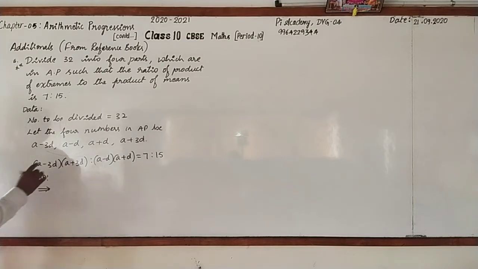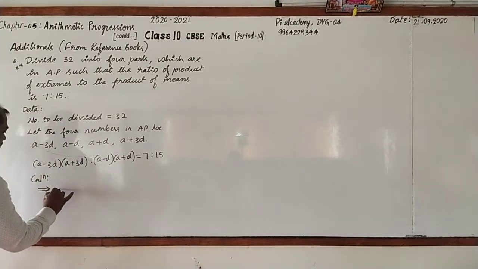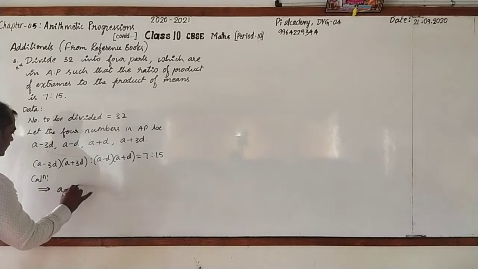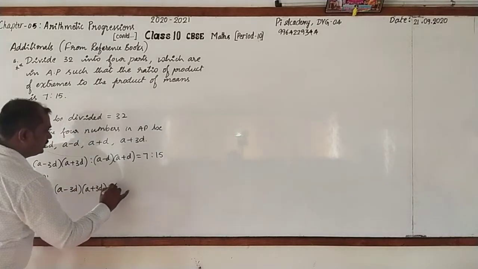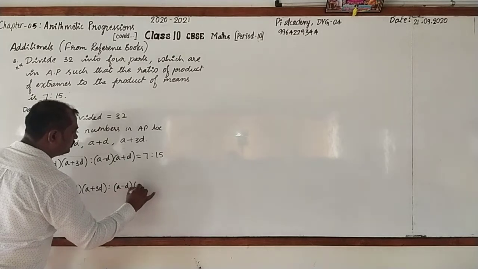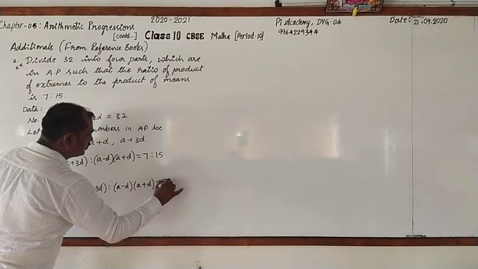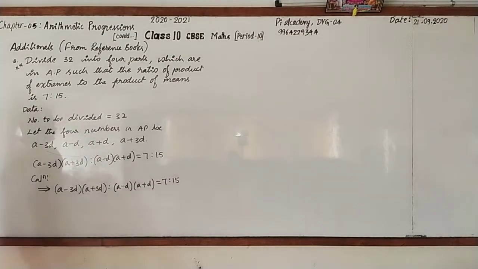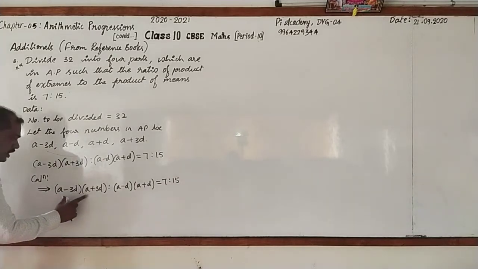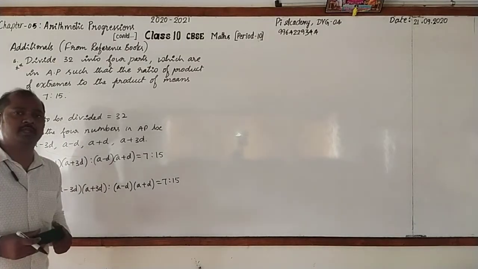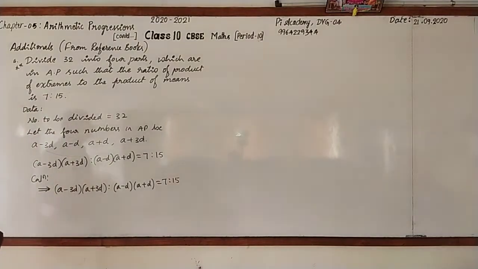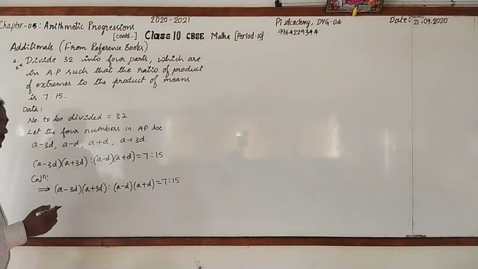I'll rewrite this statement. a minus 3d into a plus 3d is to a minus d into a plus d is equal to 7:15. Now, observe these terms are in the form of a minus b into a plus b. What is a plus b into a minus b? It is an identity, a square minus b square.